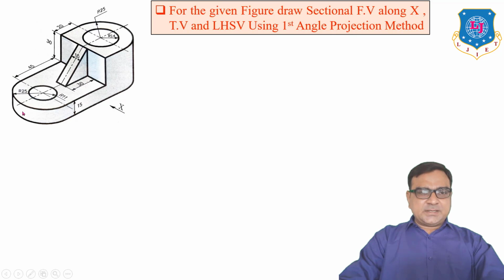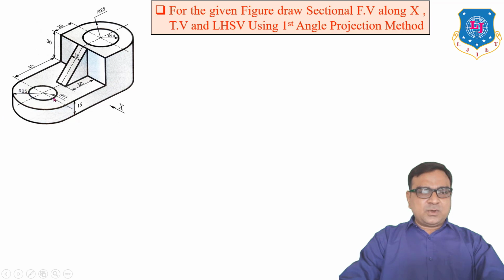In this object, first of all, we have to find out all the dimensions for the particular part. Suppose here there are two holes, this hole of radius 14, the hole starts from top and ends at bottom.